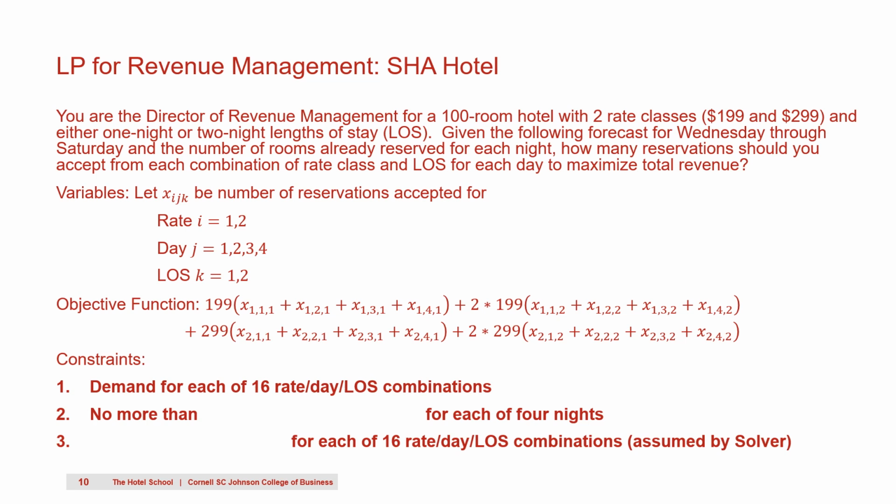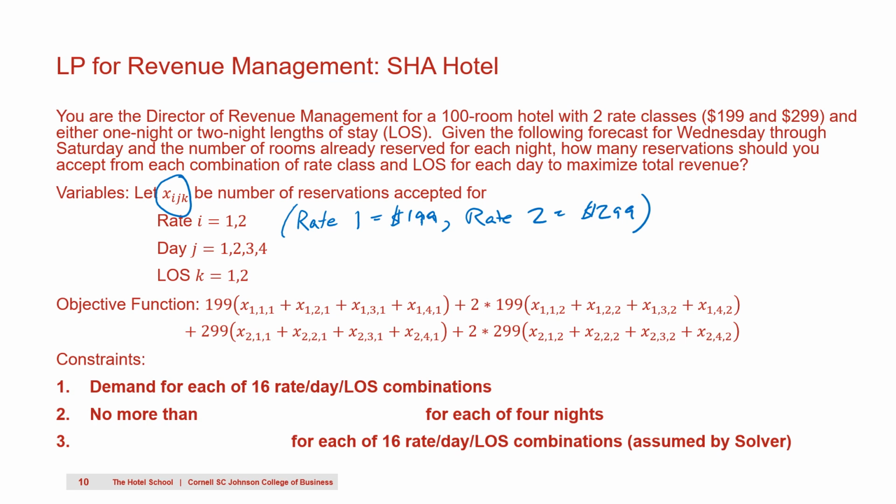Our variable is going to be xijk. So we have 3 subscripts here, three dimensions to this variable, with i being the rate, and convention is we just use numbers to index it. So rate 1 is equal to $199 per night, and rate 2 is equal to $299 per night.